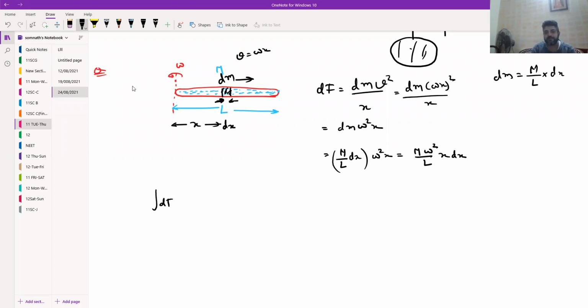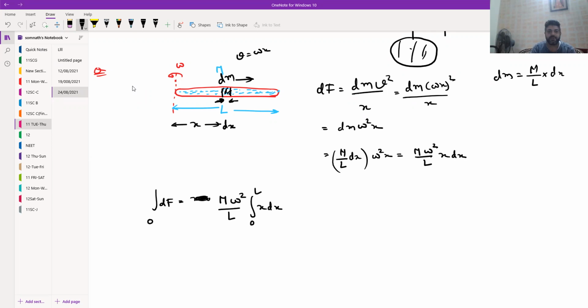Now taking integration on both sides to find out the total force, that is m omega square by L, integration of x dx from 0 to L, the total length.